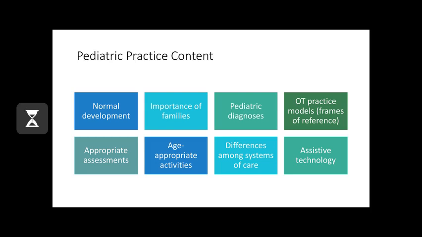When we work with children with disabilities or who have atypical development patterns, we need a strong foundation of normal development and the expected range of performance so that we can understand the child and design effective interventions. We cannot underestimate the power of the family.